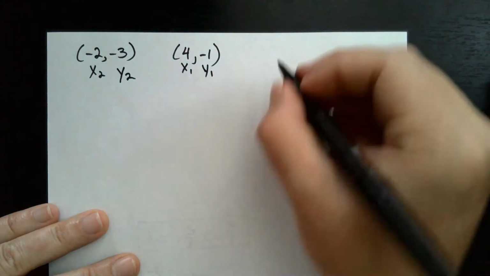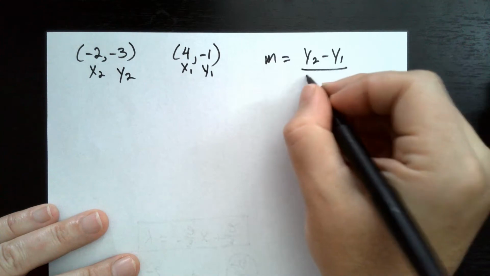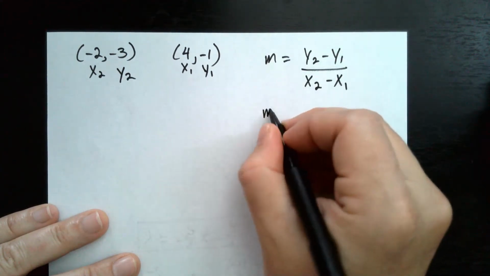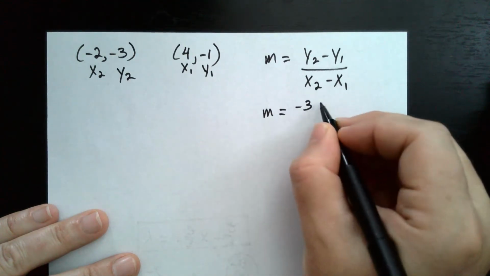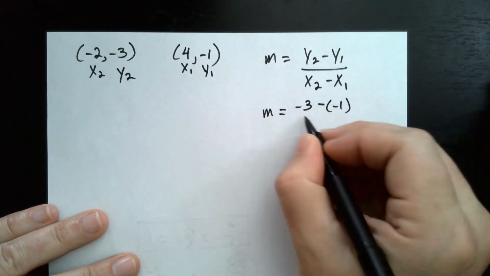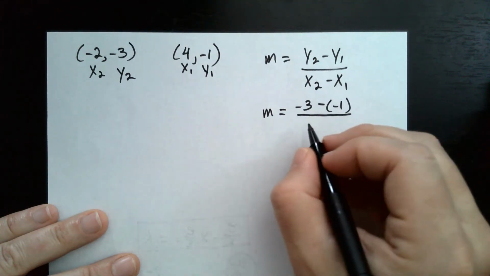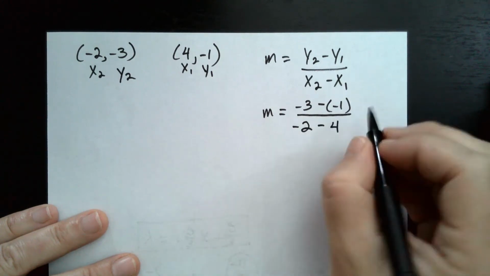Recall that our slope is y2 minus y1 over x2 minus x1. So our slope is going to be equal to negative 3 minus a negative 1, divided by negative 2 minus 4.